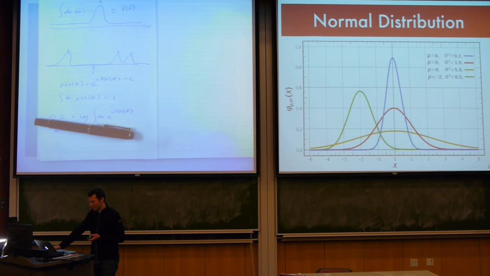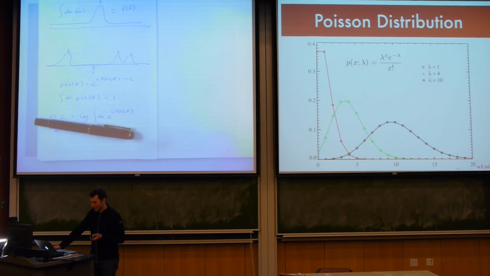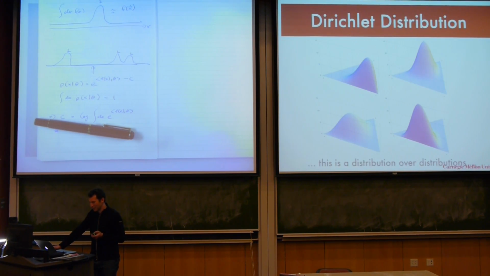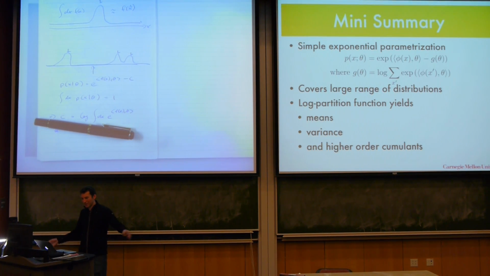So we've seen the Gaussian. We've seen what the Poisson looks like. If not, look at that picture on Wikipedia. It's a beta distribution. Dirichlet's. So in other words, there's actually a large stable of different functions that give reasonable estimates for distributions.